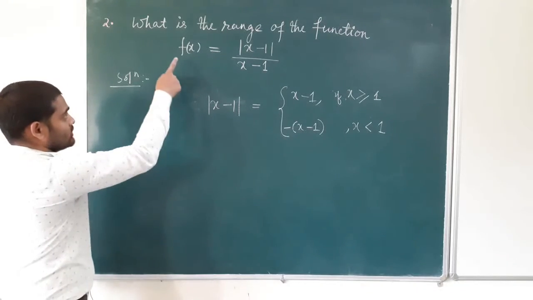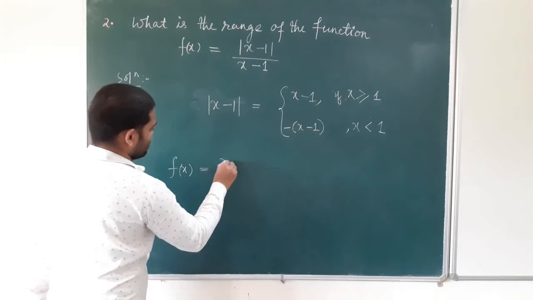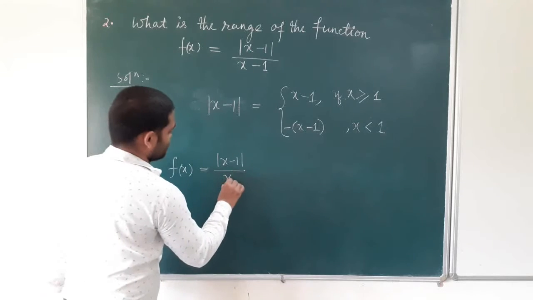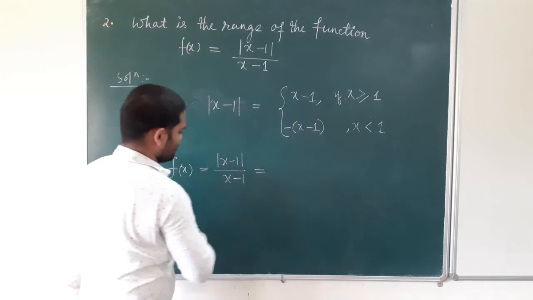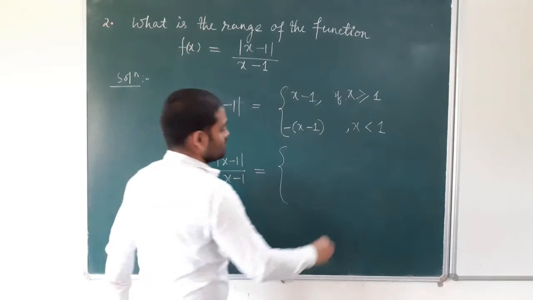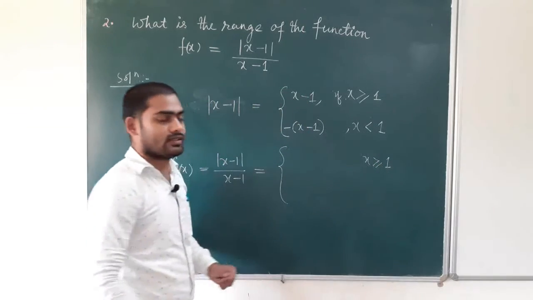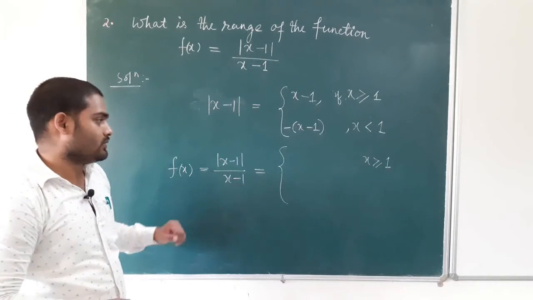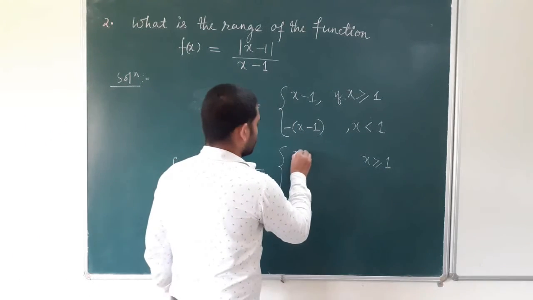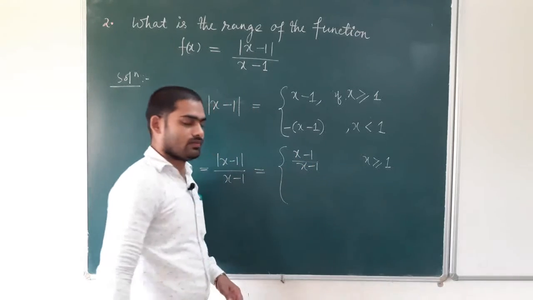Now we find this function f of x, that is modulus of x minus 1 by x minus 1. Here when x is equal to 1 or greater than 1, this value is x minus 1 by x minus 1.